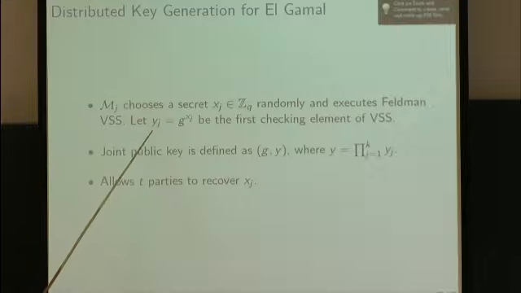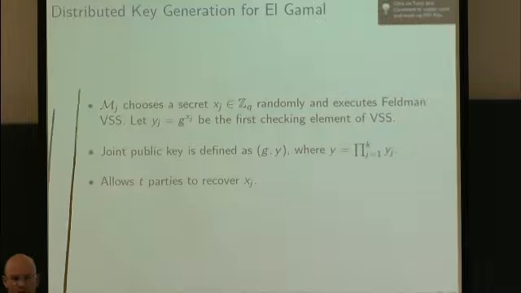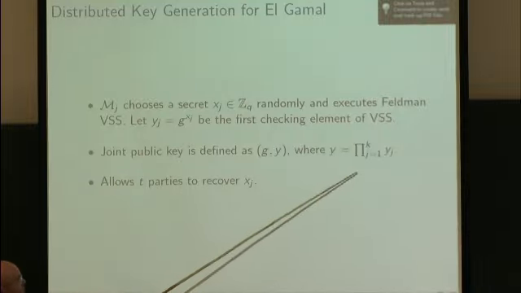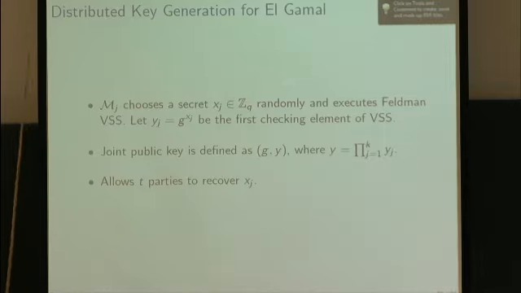And then we let this be the first checking element of VSS, right? So this is going to be this alpha 0. That's G to the secret. And we define the joint public key as this product. And note that this allows key parties to recover each individual secret key, right?